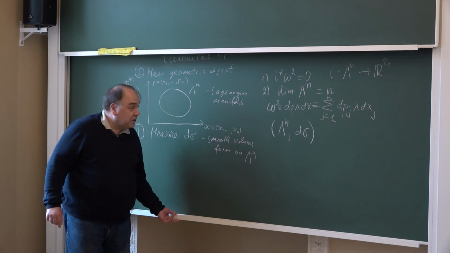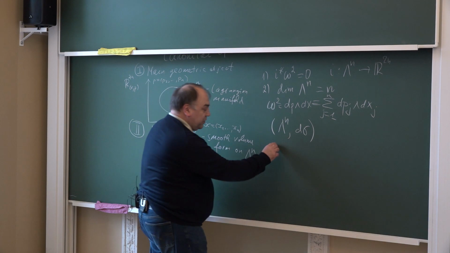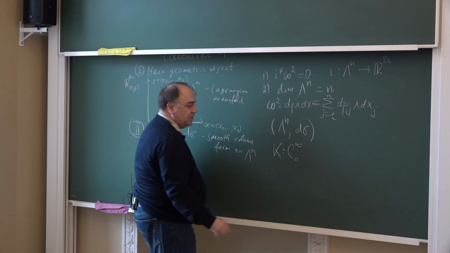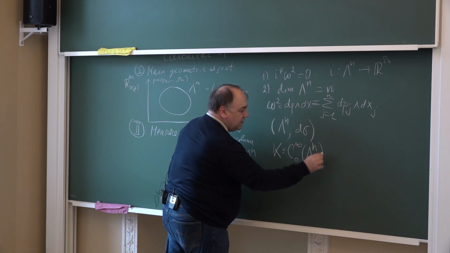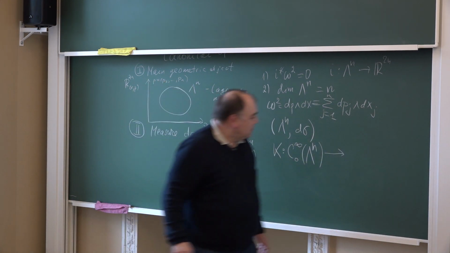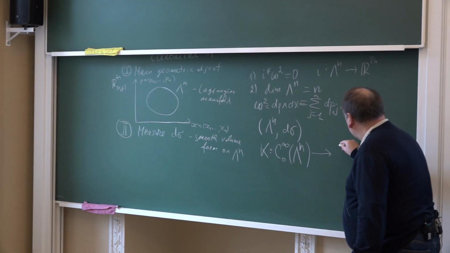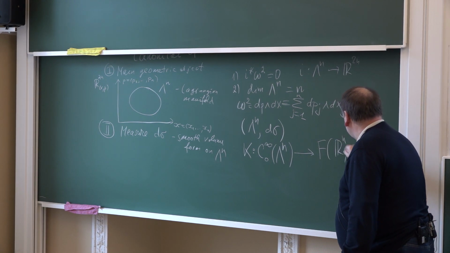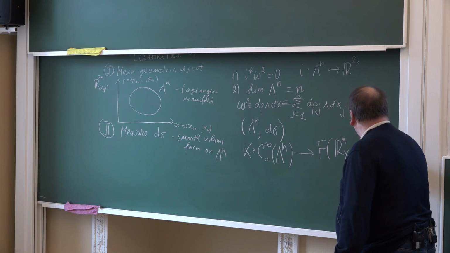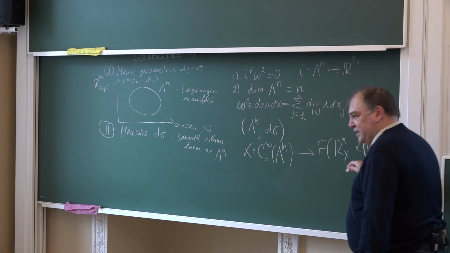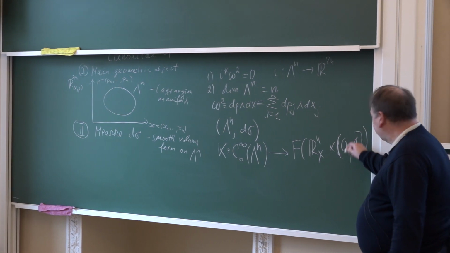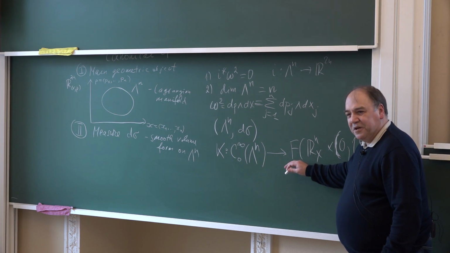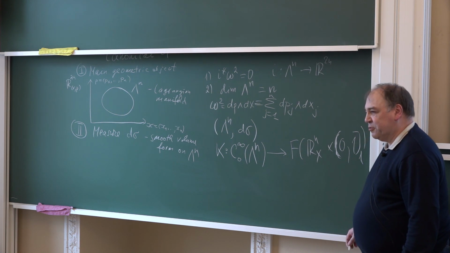The canonical operator is an operator which acts on, say, compactly supported functions on Λ^n, and takes these functions to functions, well, I will write just vaguely, functions of two arguments, x and h. h is the small positive parameter, and I do not specify this space here, functions which have some nice properties.